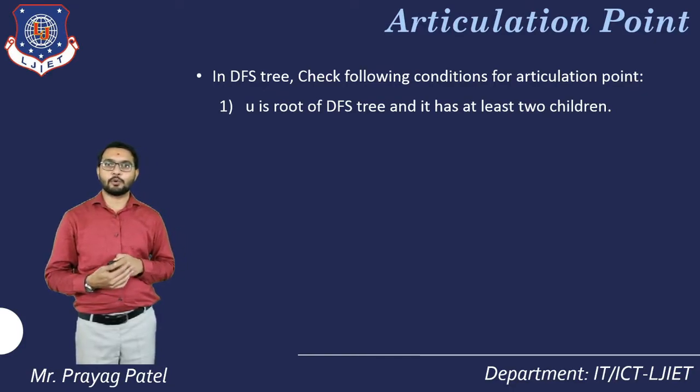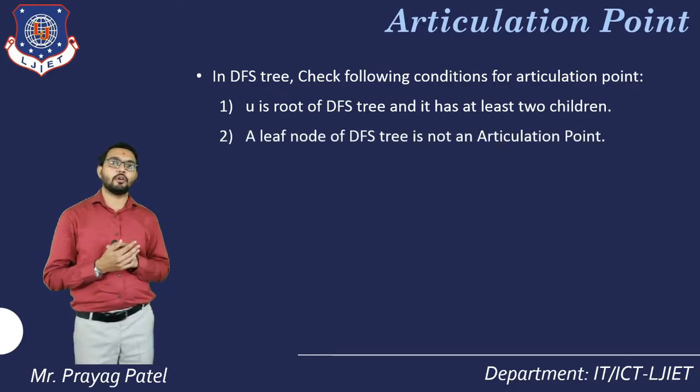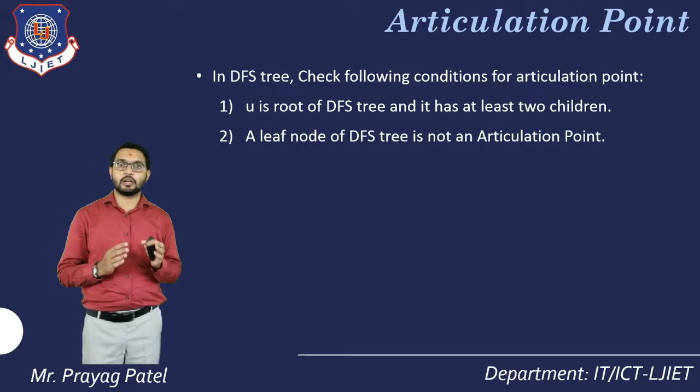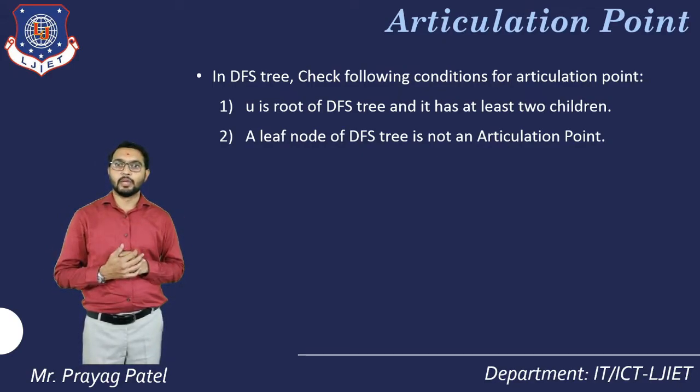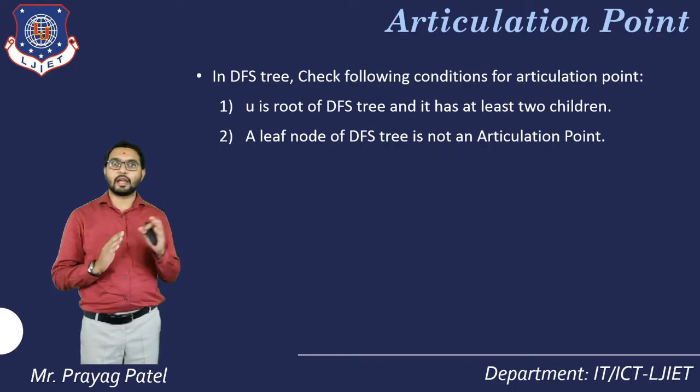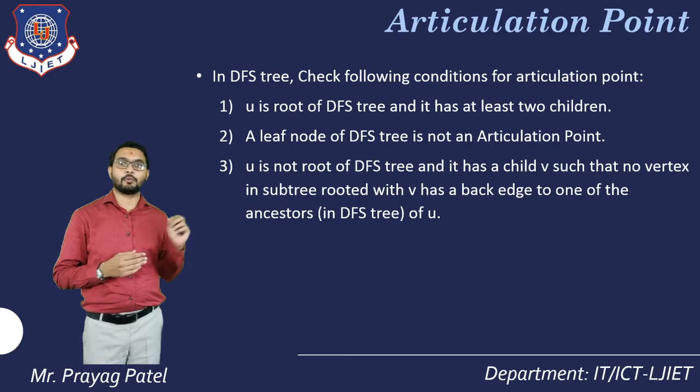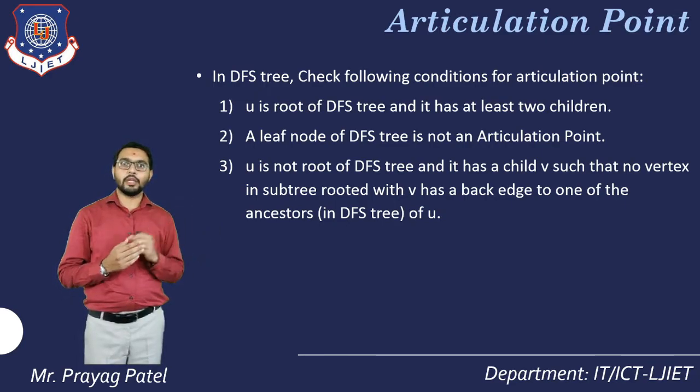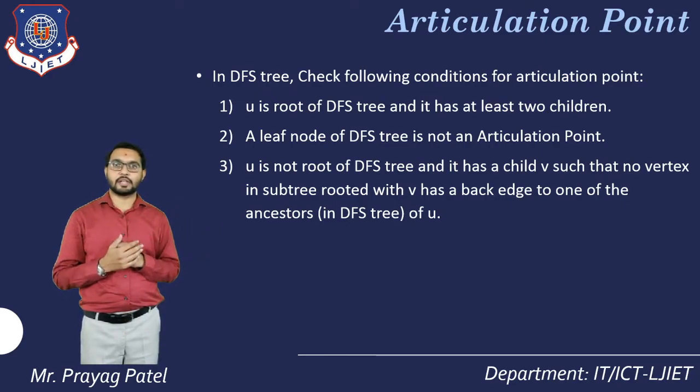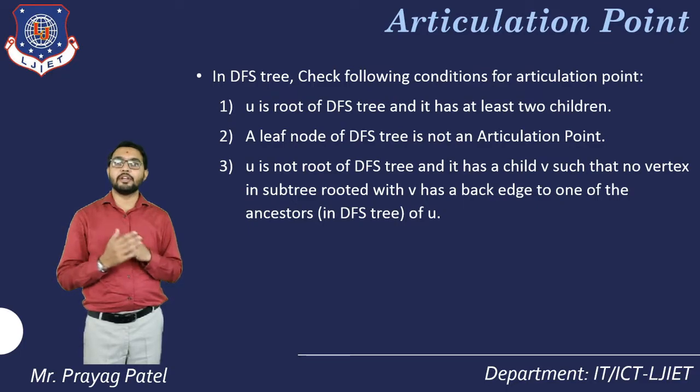Now consider the second point. A leaf node of the DFS tree is not an articulation point, meaning a leaf node is never an articulation point. Now consider the third point. U is not the root of the DFS tree and is not a leaf node, meaning U is an intermediate node.